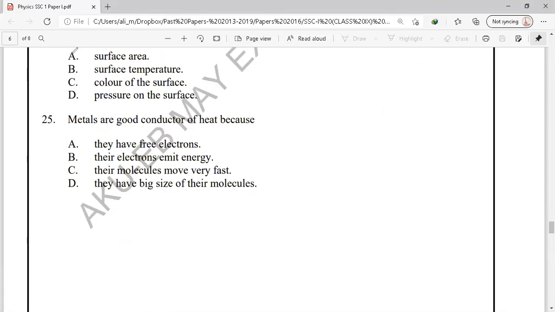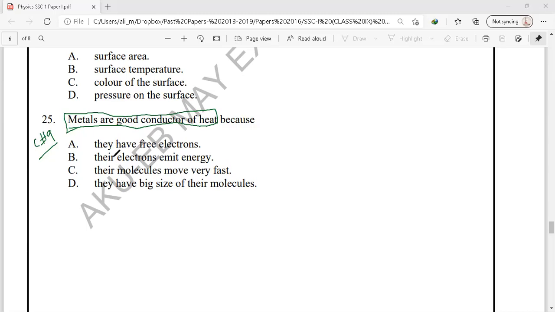Then we have the last question from our chapter number 9, mode of transfer of heat. Metals are good thermal conductors, and we have to identify why metals are good conductors of heat.